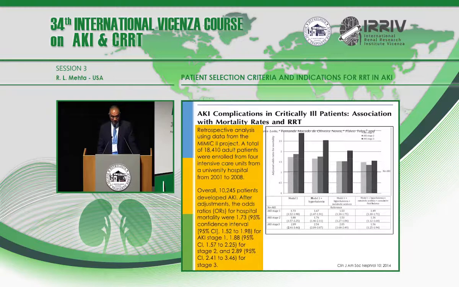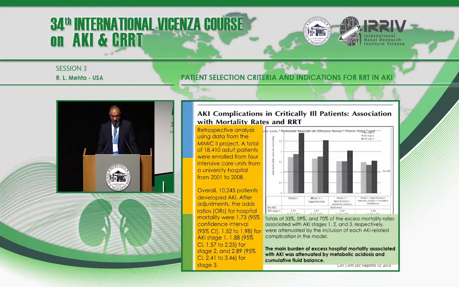If you adjust this model for the presence of hyperkalemia, you have an attenuation of the model, and when you adjust it for hyperkalemia and metabolic acidosis, and then you adjust it for the fluid balance, you can see that the mortality difference is still there, the risk is still present, but has been attenuated.